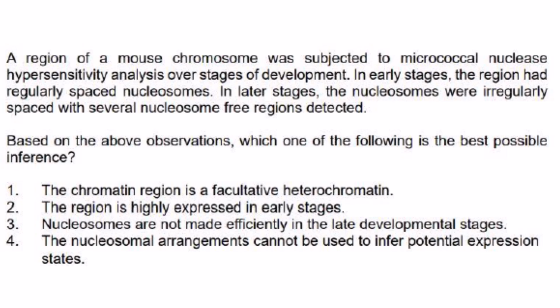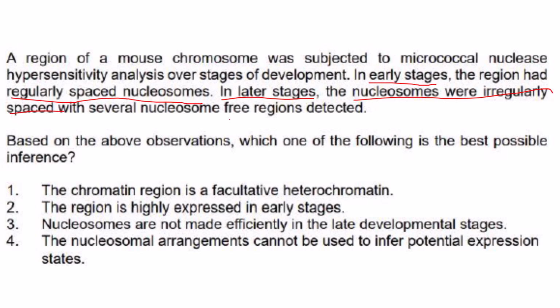Okay. Now in this question, you can find that at early stages the nucleosomes are regularly spaced. So it is like heterochromatin: regularly spaced, packed, not accessible to transcription machinery. But after some time, after treatment with the micrococcal nuclease, that is what is meant by in later stages the nucleosomes are irregularly spaced.